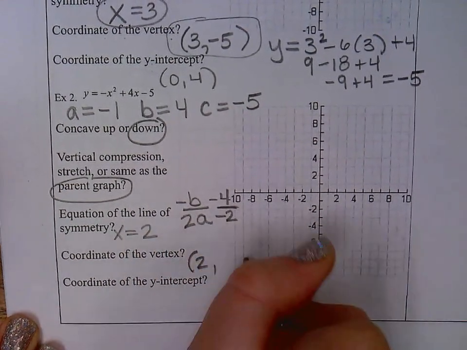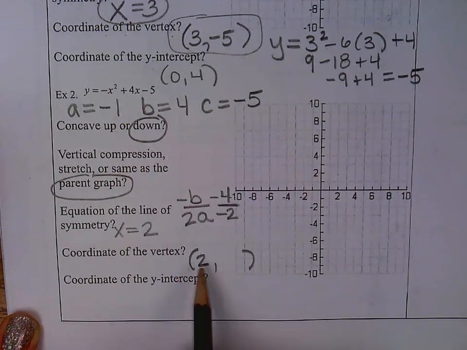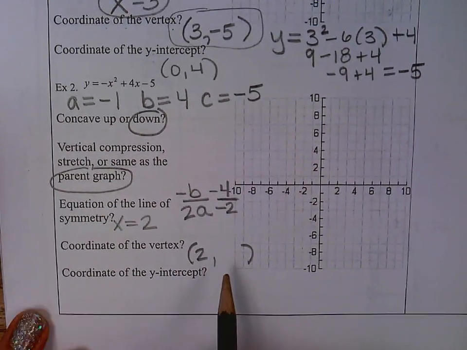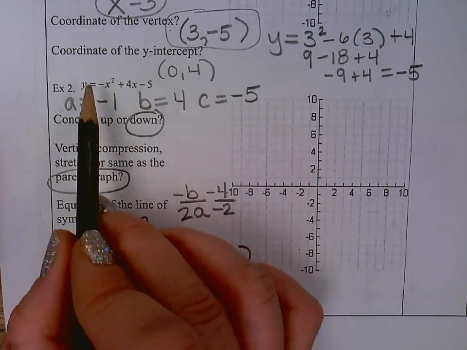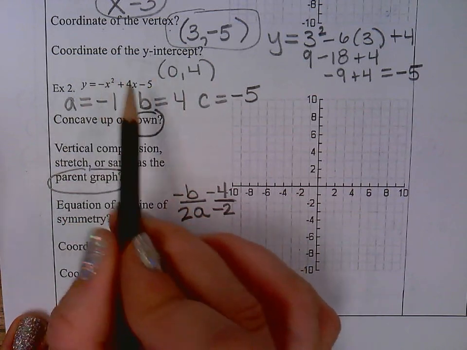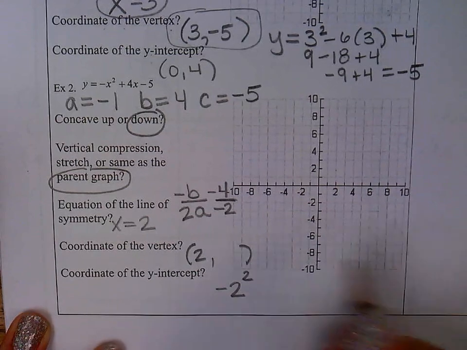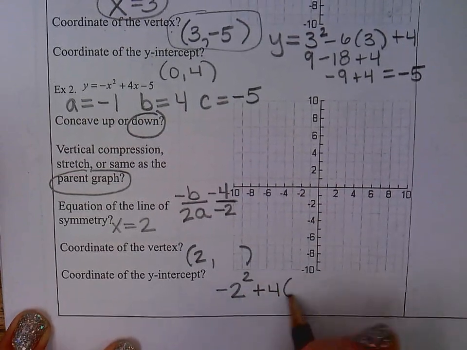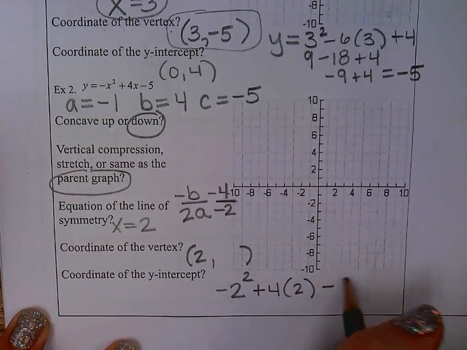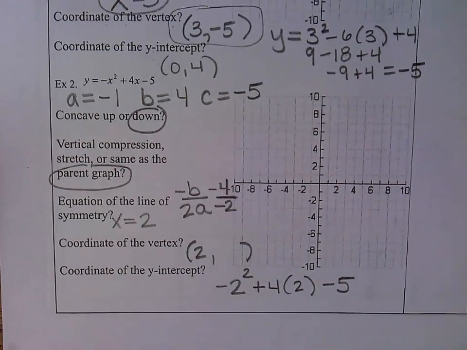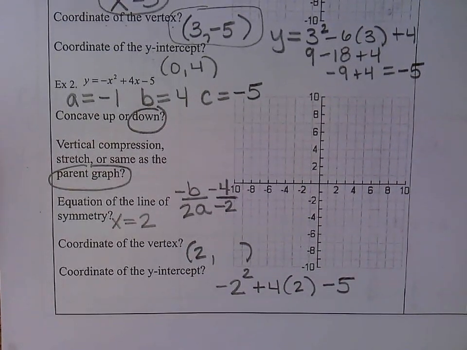Now I need to figure out my vertex, 2 comma something. So I'm going to plug 2 back into this original equation up here. So let me write it out. I would have -2 squared plus 4 times 2 and then -5. This is a little bit tricky because of the negative sign.